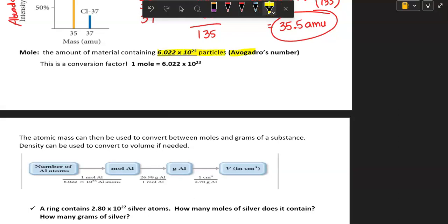That number is called Avogadro's number. It's named after Amadeo Avogadro, okay? So the conversion factor is, if you want to convert from number of things to a mole, you use Avogadro's number. 1 mole of anything is 6.022 times 10 to the 23rd things.